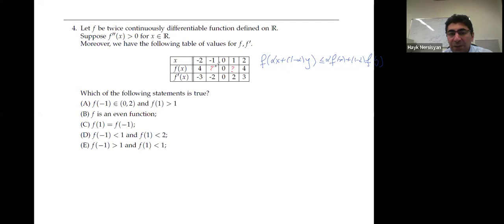So now to get this missing component, we can consider, for example, alpha is 1/2, x is -2, and y is 0. Our goal is to make this argument be -1. So f(-1) is less or equal than f(-2) plus f(0) divided by 2.